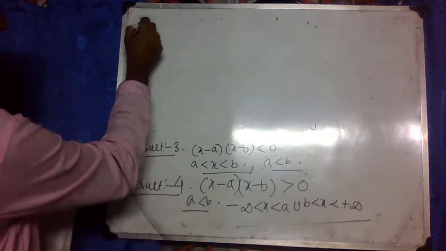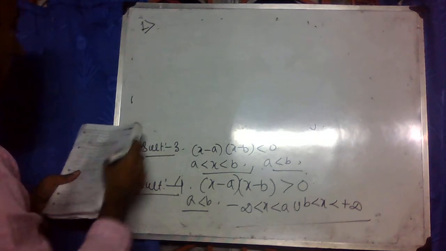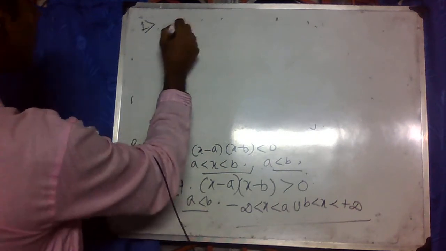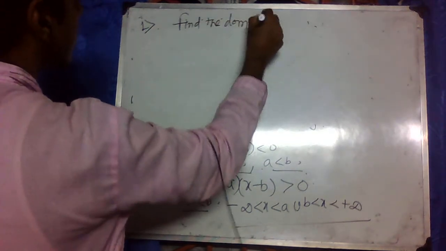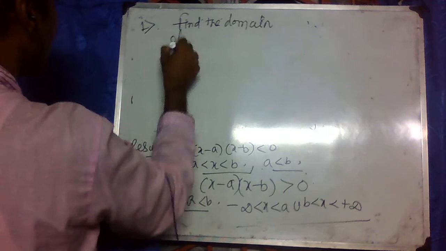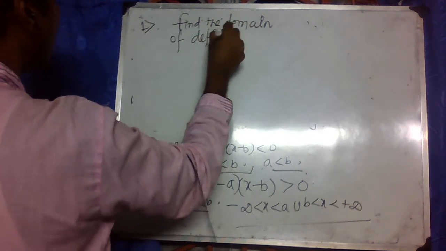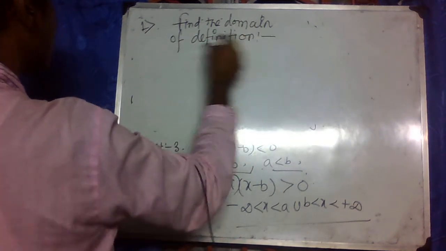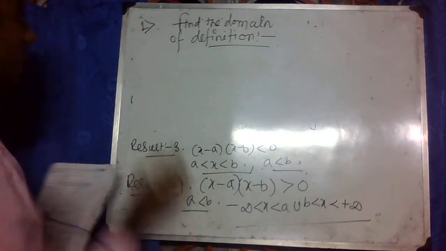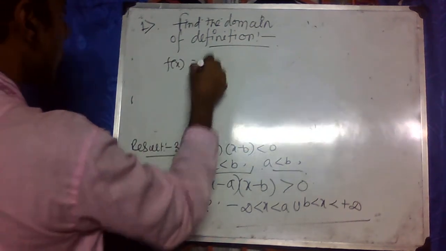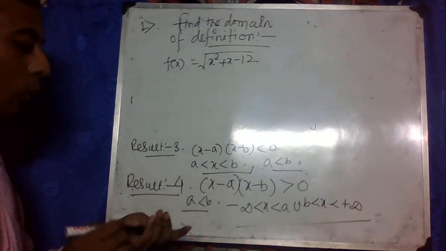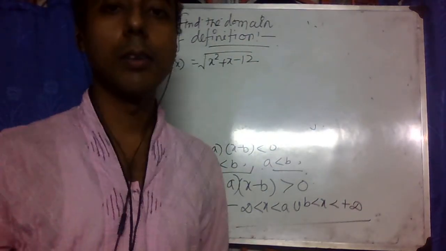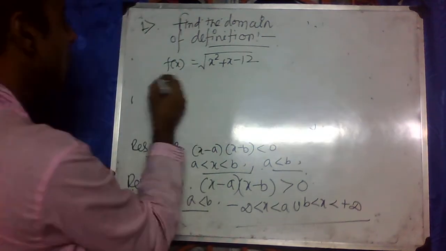Problem number 1. Find the domain of f(x). Now find the domain of definition of this function. Now this is of the form f(x) equal to root over p(x).